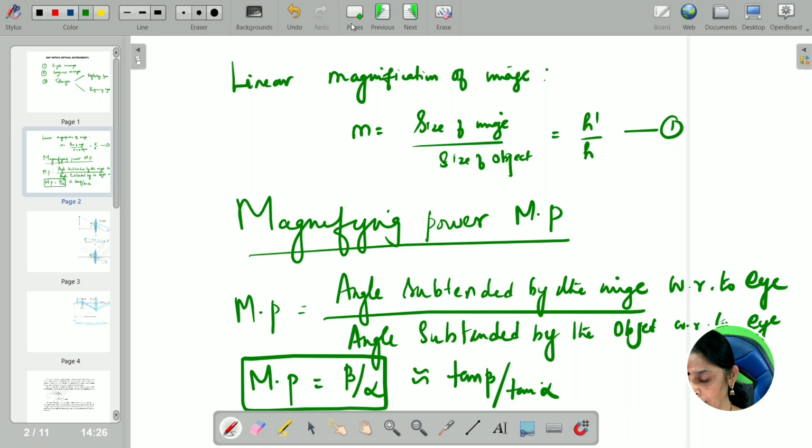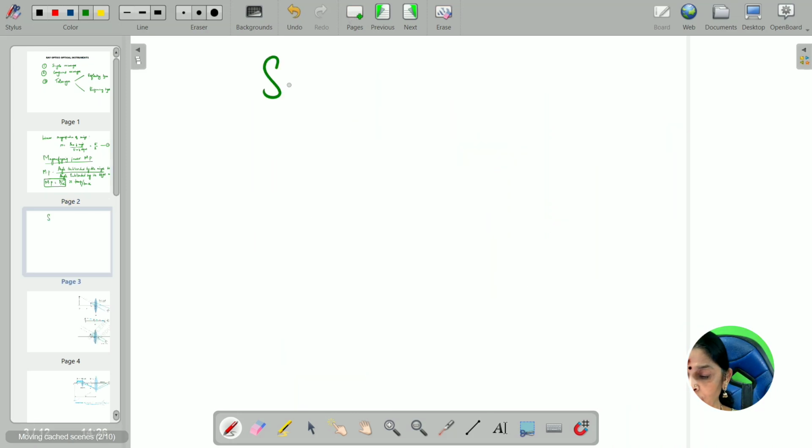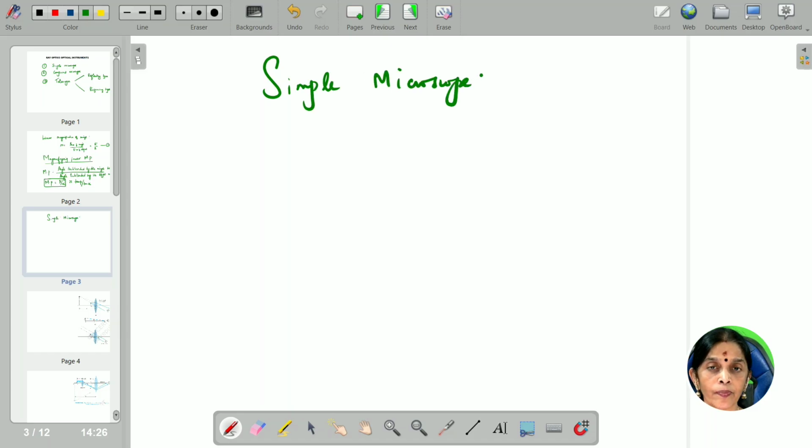So, let us learn simple microscope. What is simple microscope? The simple microscope is nothing but a magnifying glass. Who will be using it? You must have seen that watch repairers use a simple microscope.